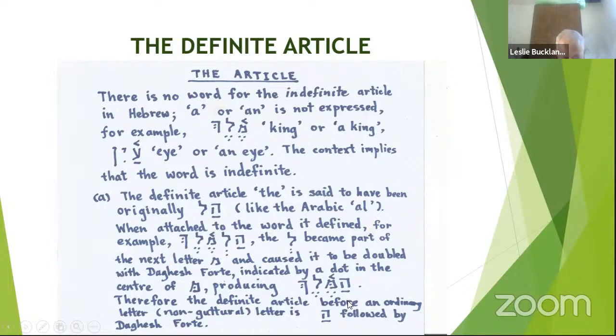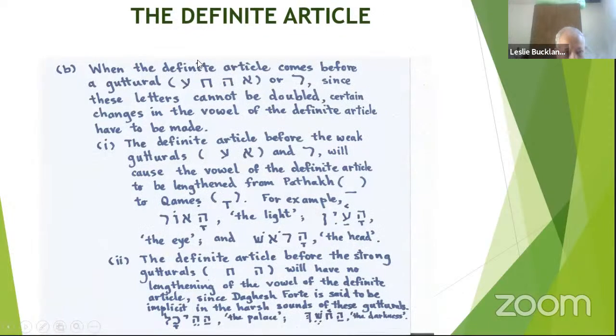Then the second one is when you have the definite article before a word that starts with any of these letters: aleph, a, keth, ayin, or resh. These are guttural letters, and resh is not a guttural letter, but it is having the same effect that the guttural letters have on the definite article. When the definite article comes before a guttural or resh, since these letters cannot be doubled with the dagesh forte, certain changes in the vowel of the definite article have to be made.